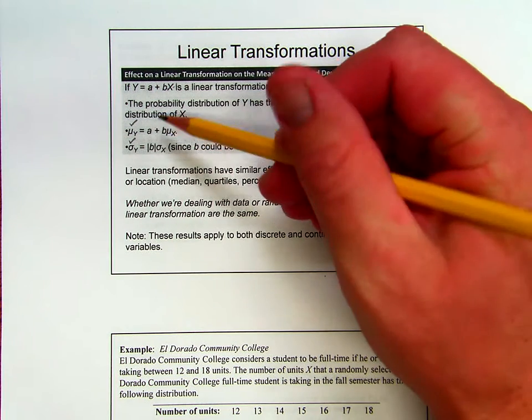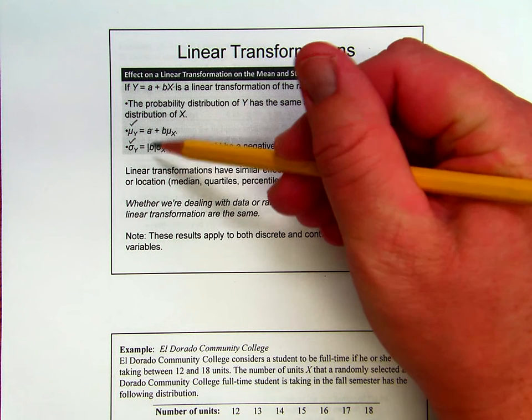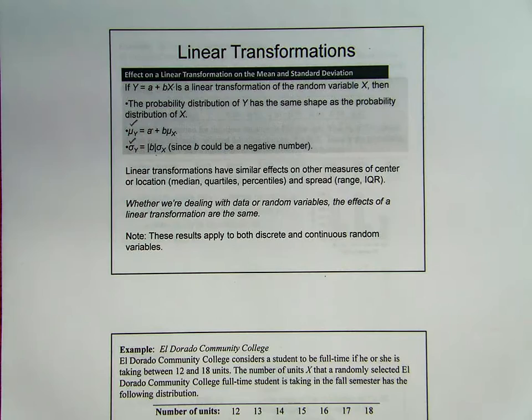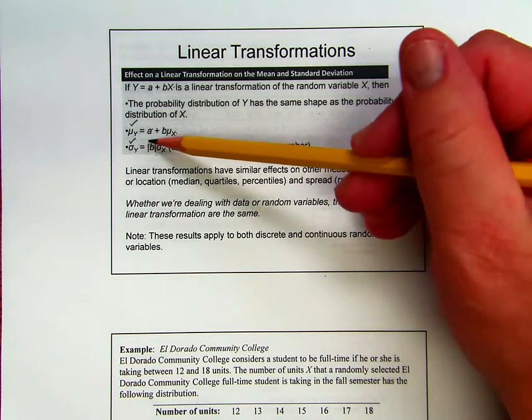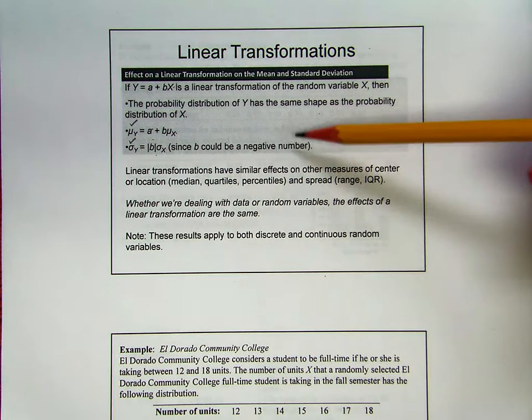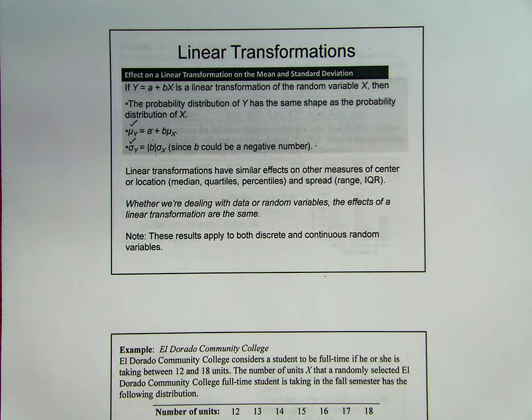So the mean is affected by both the multiplication and the addition, and the standard deviation is affected by just the multiplication, not the addition or subtraction. And they're emphasizing the absolute value. B could be negative. Typically, it's not going to happen in our context, but if it is, it would be times the absolute value. You can't have a negative standard deviation.